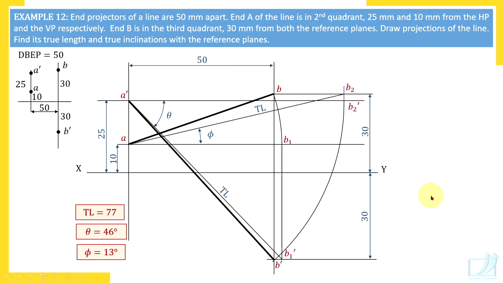But when you use the compass, certainly you will get one extra point and then proceed as usual with horizontal and vertical lines and rotation. This is how we complete problems on projections of lines very mechanically. And whatever information is asked, for example, find the true length, find the true inclinations, you can measure in the drawing. Simple. Okay. In our next video, we'll solve some more advanced problems on projections of lines.